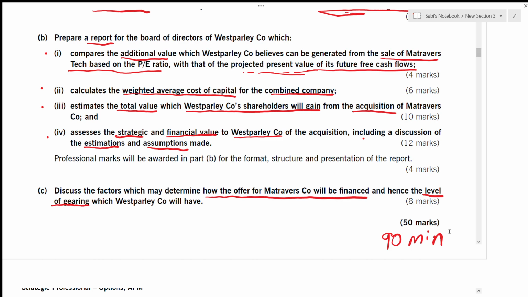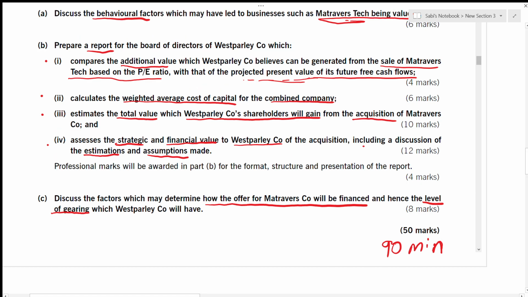If you go to the exam hall without attempting at least one past paper, like I never recommend just one, at least 3 to 4 past papers you should attempt, but at least one you should go through, rather than going without even trying a past paper, just going to the exam hall and thinking that I know everything, I've studied everything, I will take this exam. It will not work out. So don't make that mistake.